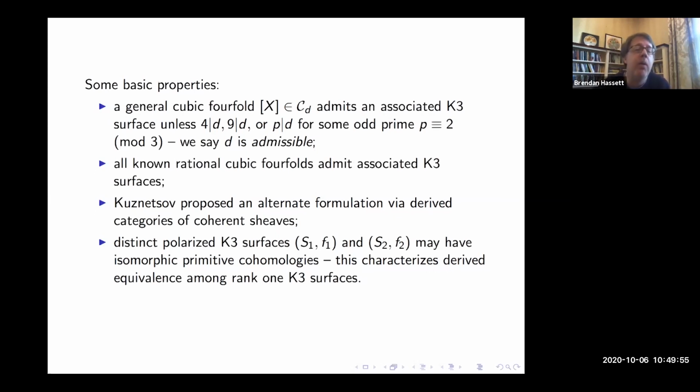And so you get an equivalence relation among these rank 1 K3 surfaces that can be relevant in analyzing these rationality questions. From the standpoint of derived categories, this is related to derived equivalence. So two K3 surfaces are derived equivalent precisely when they have isomorphic transcendental cohomology lattices.